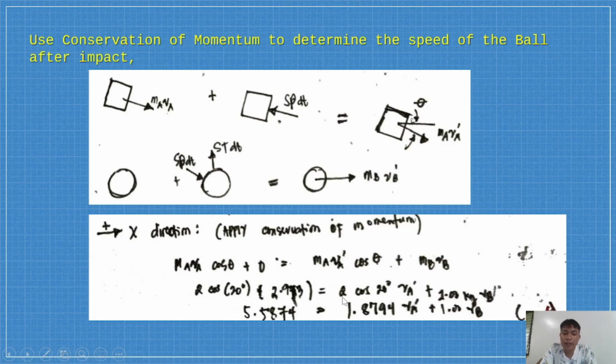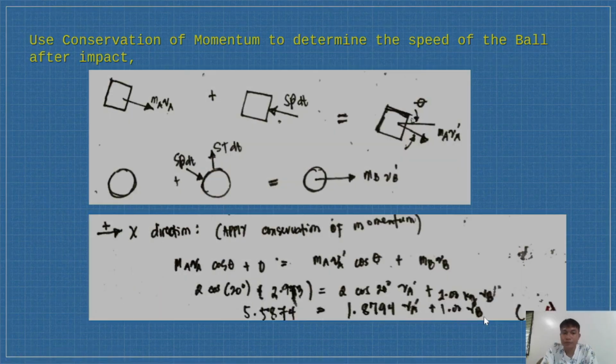So we have this equation: 5.5874 is equal to 1.8794 VA with an apostrophe plus 1 VB.